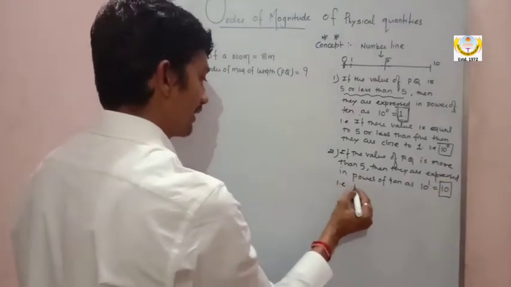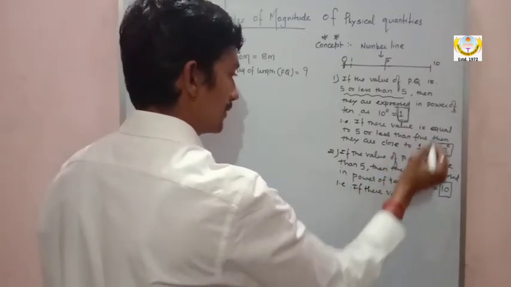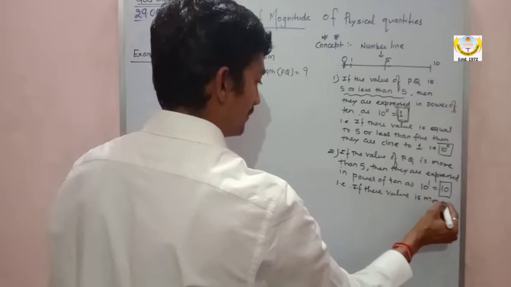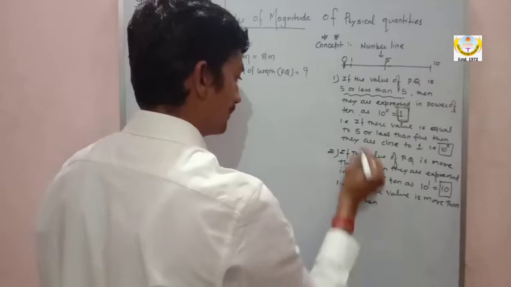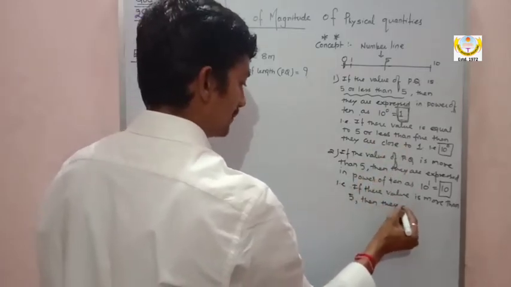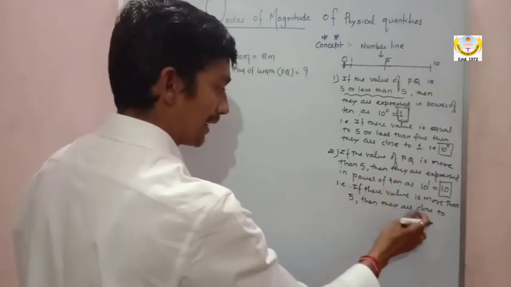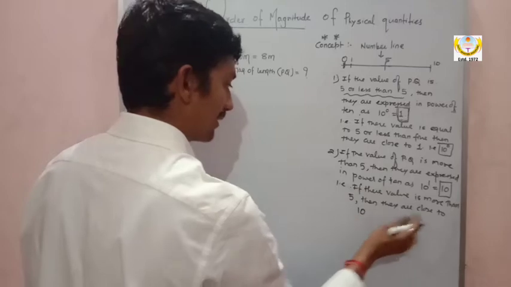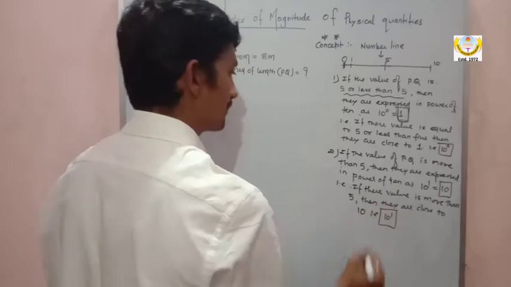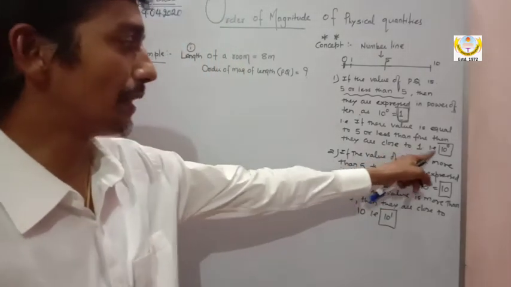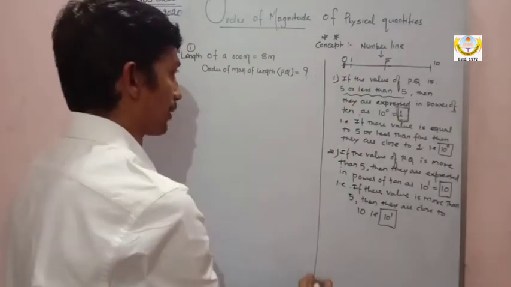That is, if their value is more than 5, then they are close to 10, that is 10 power 1. Here it is close to 1, that is 10 power 0. Here it is close to 10, that is 10 power 1. Please, this is the very important concept.